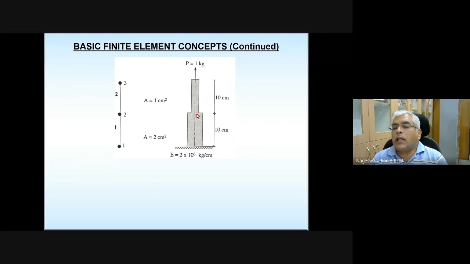Similarly, since the cross-sectional area is constant in this portion, this entire thing is taken as 1 element, and this key point here is numbered as 3, and this is taken as first element, this is taken as second element. So 2 elements, 3 nodes.